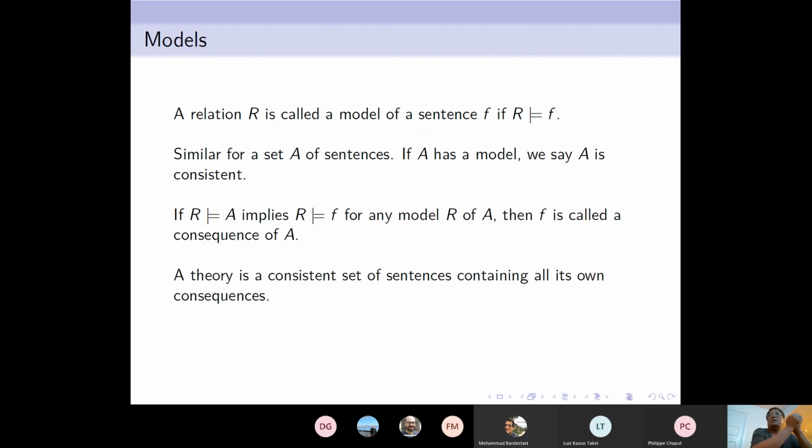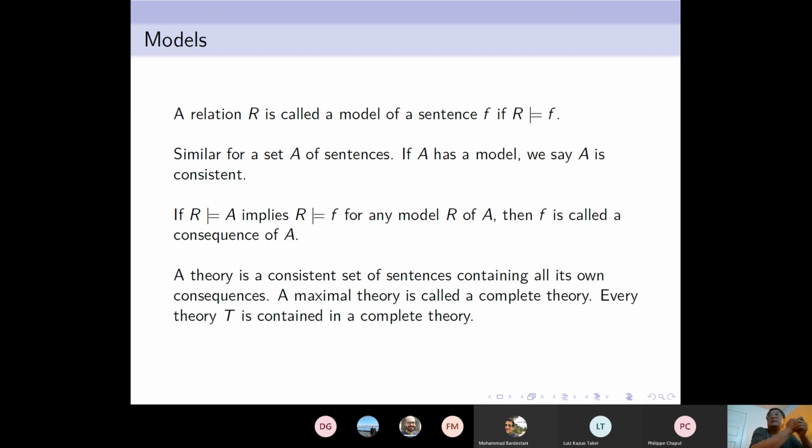And then we can introduce theory. A theory is a consistent set of sentences containing all its own consequences. So it's a closure of a set of sentences. If the closure is maximal, then we call it a complete theory.